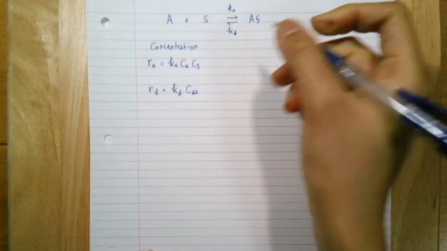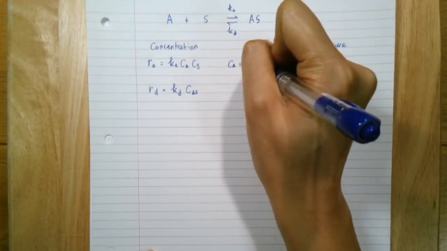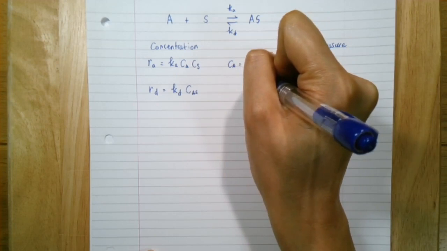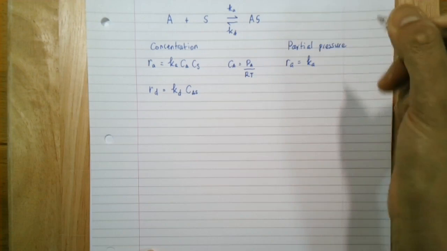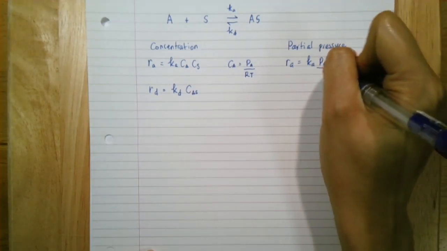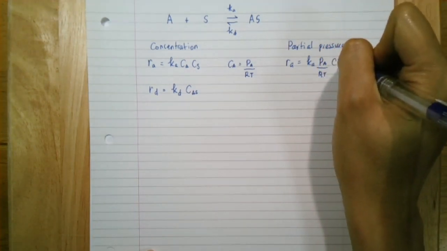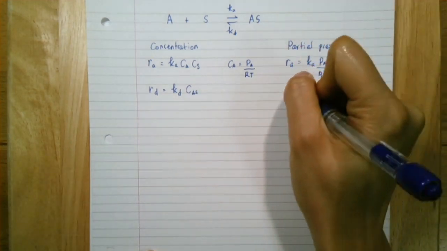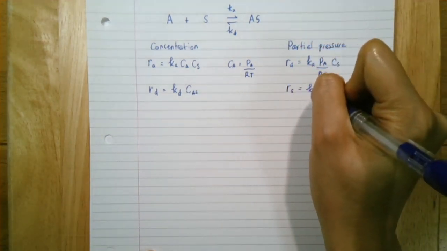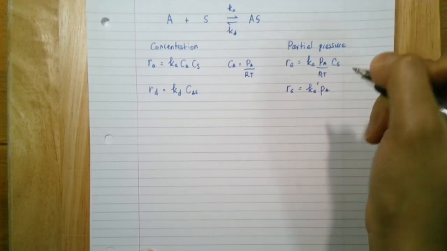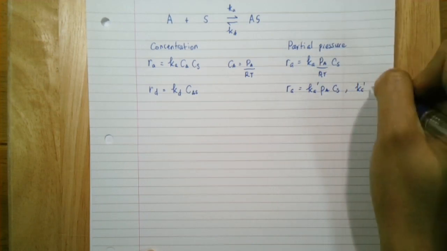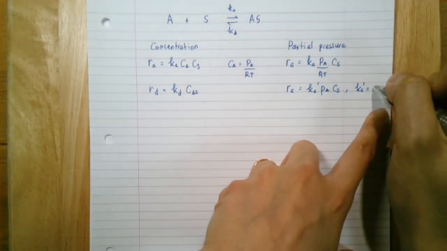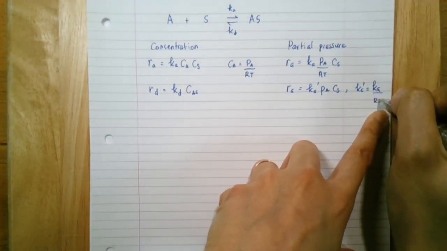And we can convert concentration to partial pressure using the ideal gas law. So doing that, we'll have Ra is equal to Ka PA over RT times Cs. So that means that Ra is equal to Ka prime PA Cs. And here Ka prime is equal to Ka over RT.